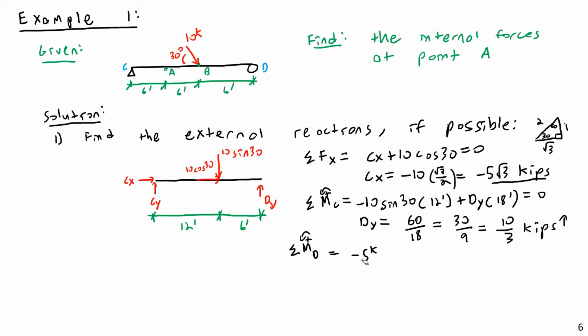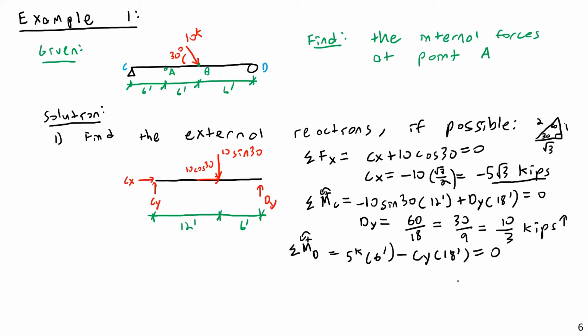Sorry, that's a positive rotation about point D, so that should be positive. 5 kips times a moment arm length of 6 feet, and then minus, of course, clockwise being negative, negative Cy times a moment arm length of 18 feet.